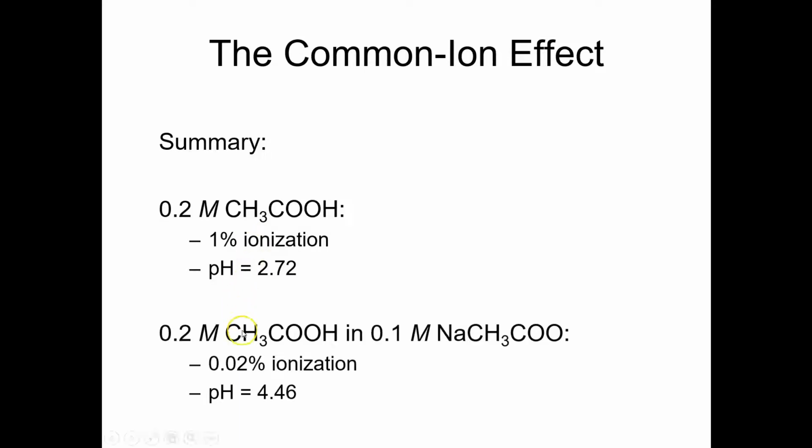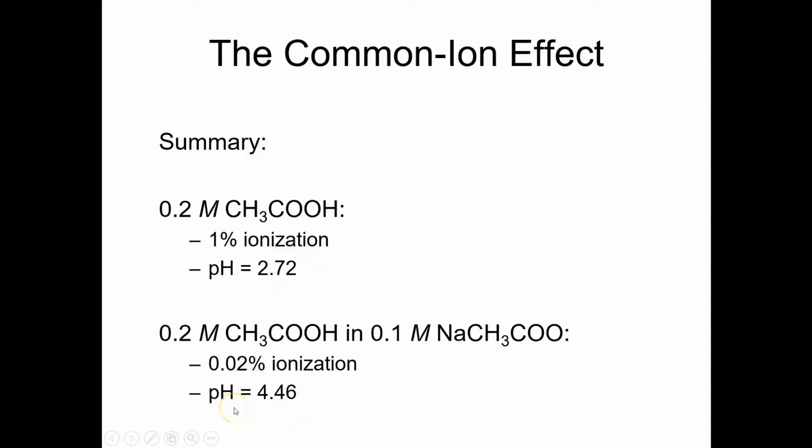If I've got a 0.2 molar solution of acetic acid in the presence of 0.1 molar acetate, you'll see that suppresses that ionization quite a bit. Instead of ionizing by 1%, it only ionizes by 0.02%. And the pH instead of 2.72 is 4.46.